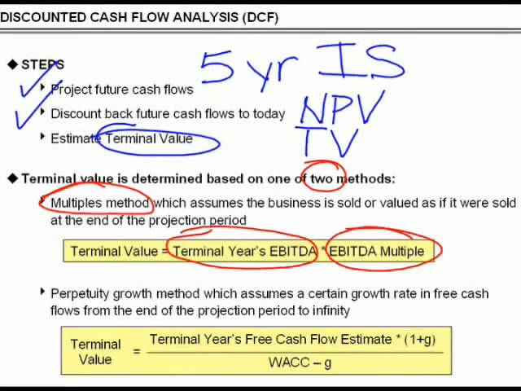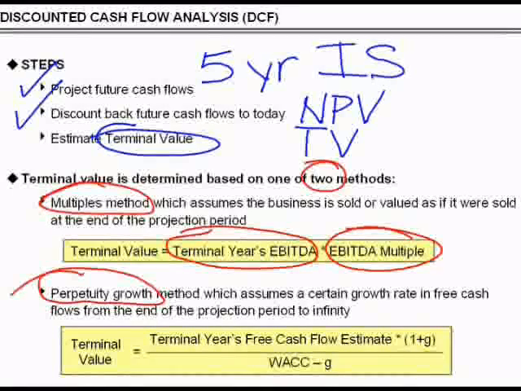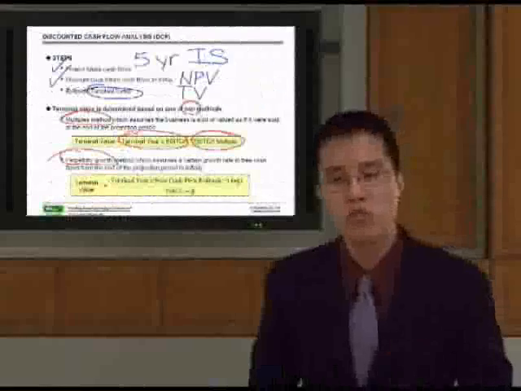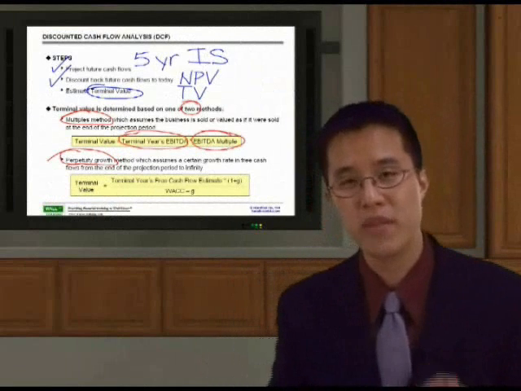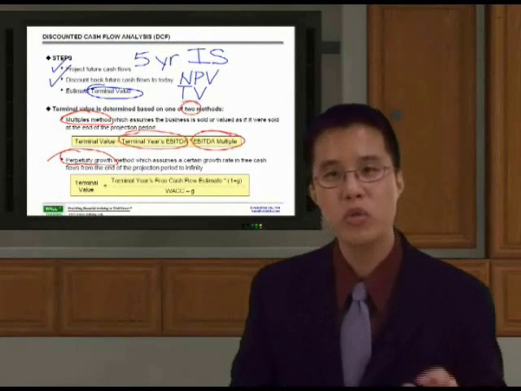Now, the second method of estimating the terminal value is to use the perpetuity growth, which we already talked about in the previous slide. This assumes that your last year's cash flows are going to grow at some growth rate from the terminal year through to infinity.